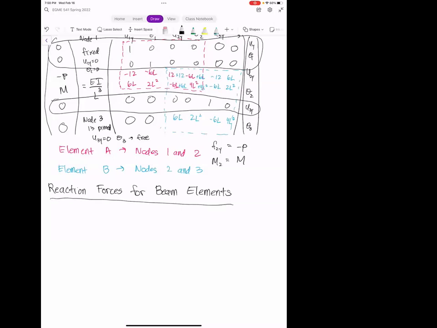And so remember, reaction forces are the forces that are applied at our supports in order to keep our structure in static equilibrium.